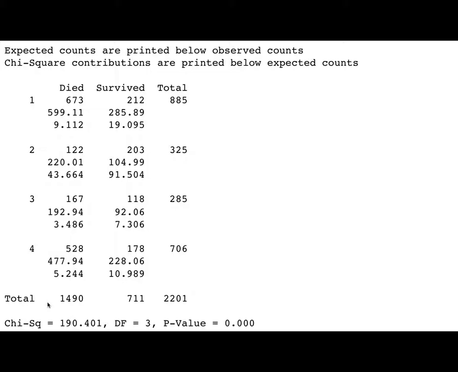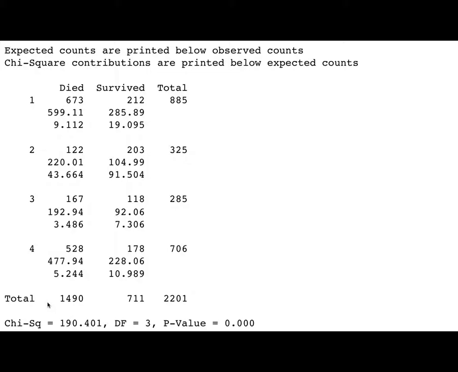Okay, this is what you should have on page 14. So this is Minitab output, so it's just computer output that ran the data. The first number is the number who actually died and survived, what was observed. What's the second number? Expected.